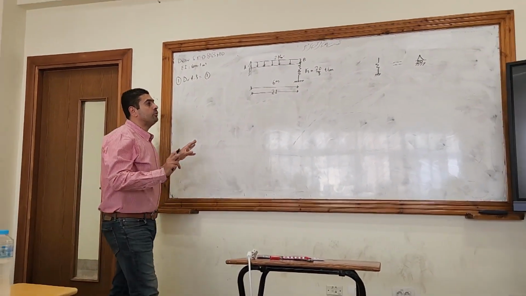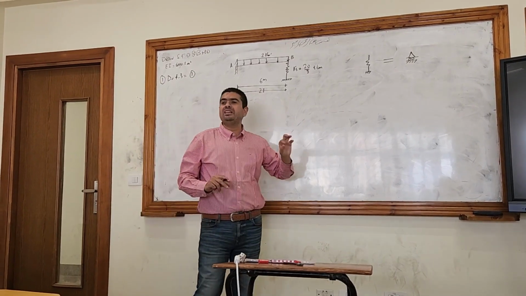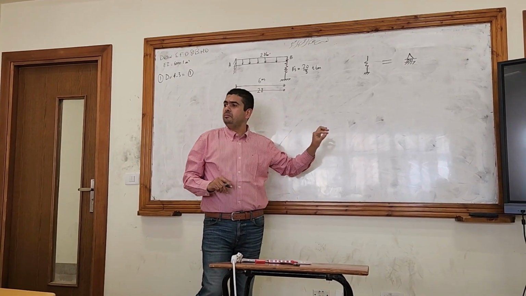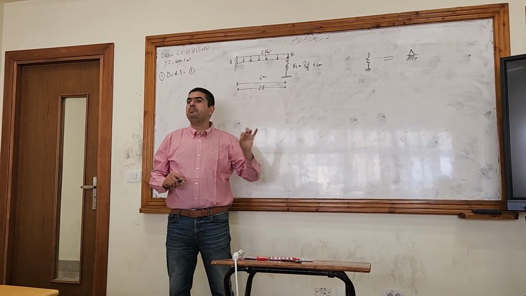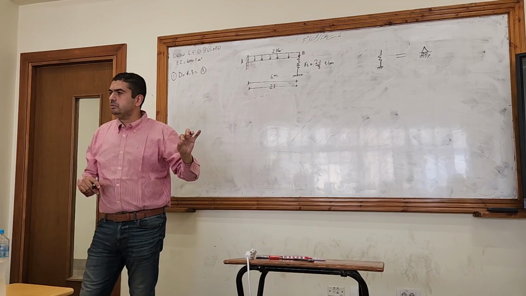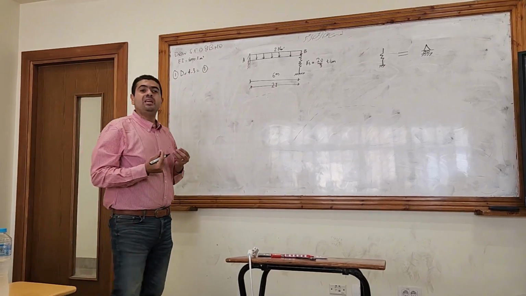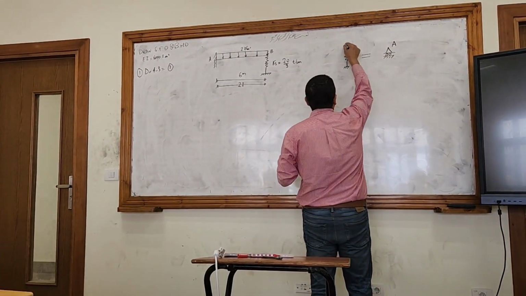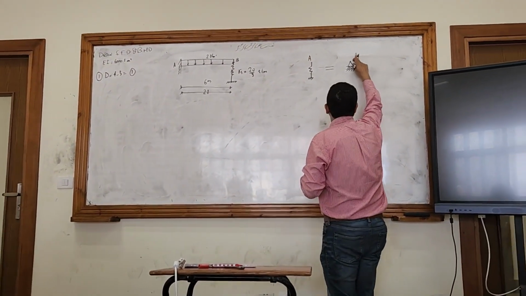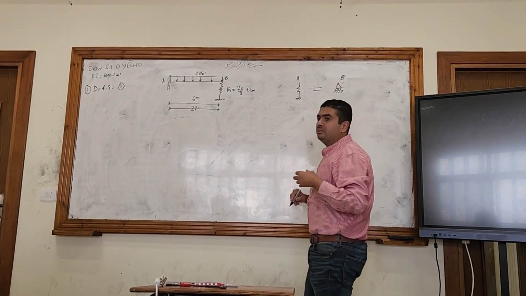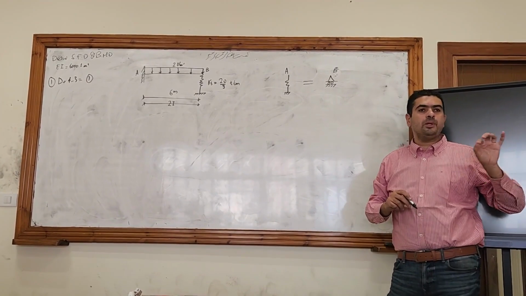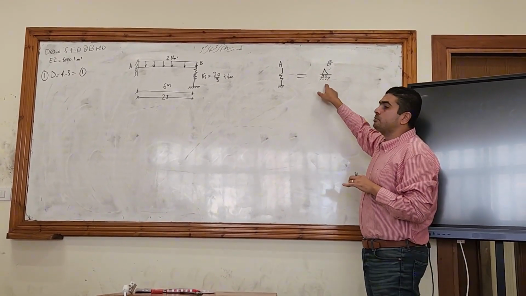There is a huge difference between both of them in the behavior. They are only the same when I am counting the redundancies. But for the behavior, if this point is A and this point is called B, what about the vertical displacement at B?